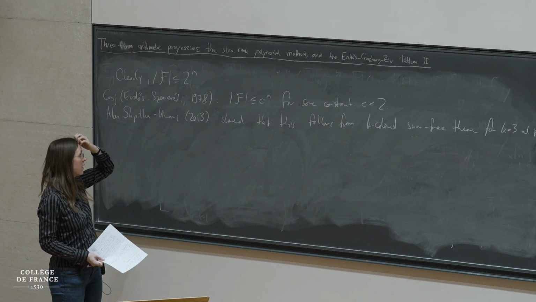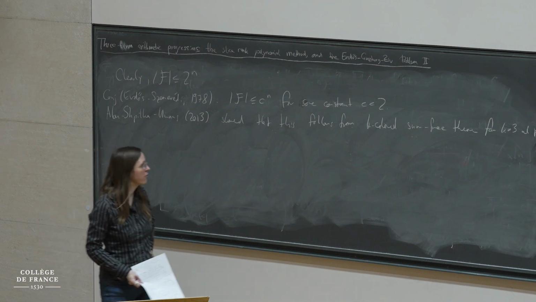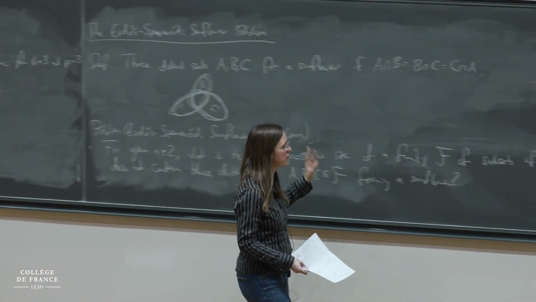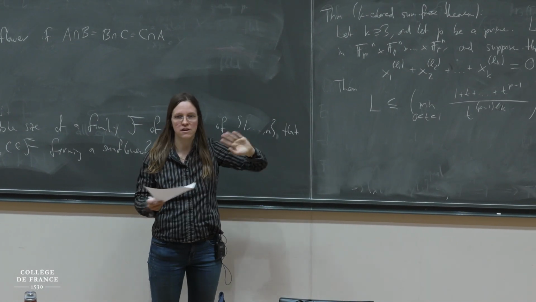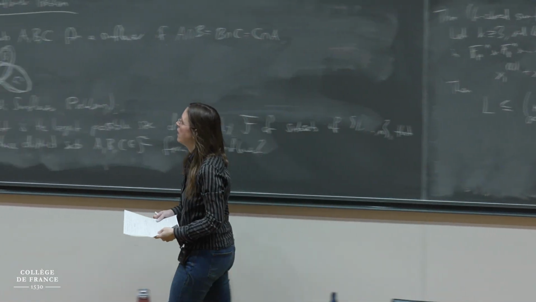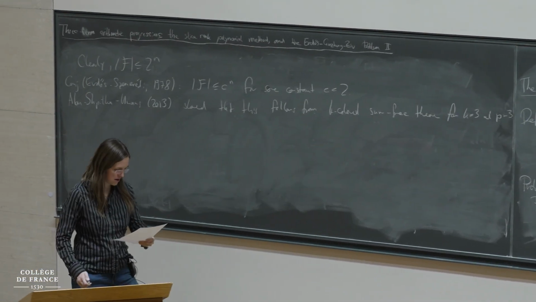And so that was when this work of Ellenberg and Gijswijt came out, and then this reformulation of tau also, it was observed by several different people that the proof carries over to that statement. So with this Ellenberg-Gijswijt work, this statement was established, and so then it was clear that the Erdös-Szemerédi conjecture holds.